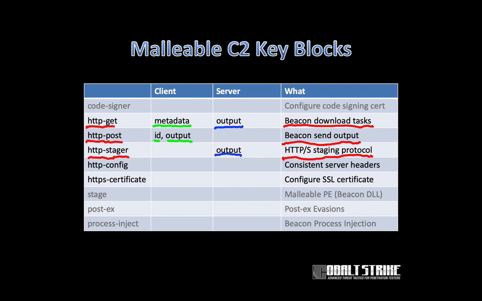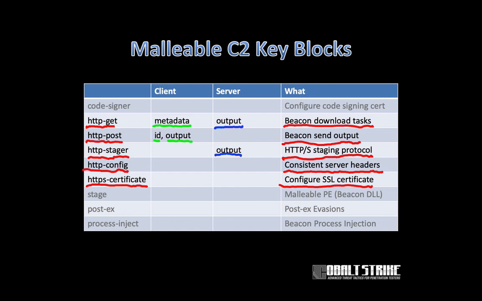Another important block getting its first mention in this lecture is HTTP config. And this block lets you set server headers and server header order for every single HTTP response your Cobalt Strike server makes. So you can think of this as almost a global server config more than anything. HTTPS certificate is the block where you set options to configure your SSL certificate.